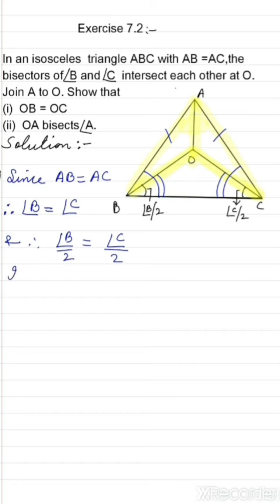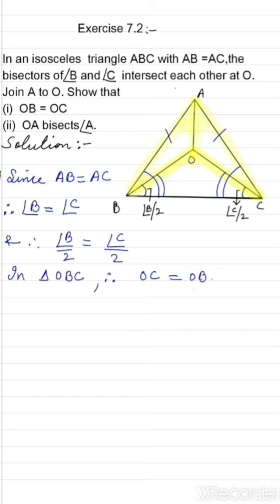Now if you see in triangle OBC, two angles are equal, and we have already done the theorem that if the sides opposite equal angles are equal, so therefore the side opposite angle B upon 2 is OC, and the side opposite angle C upon 2 is side OB.